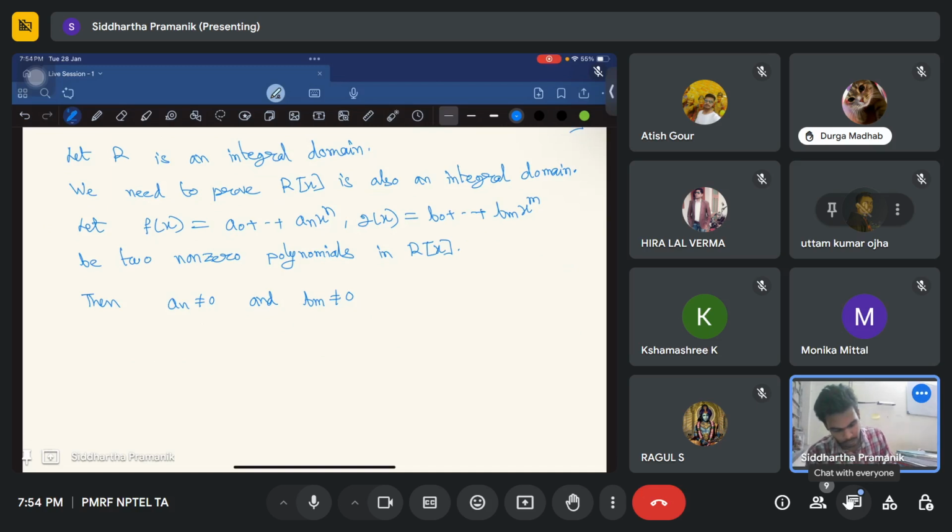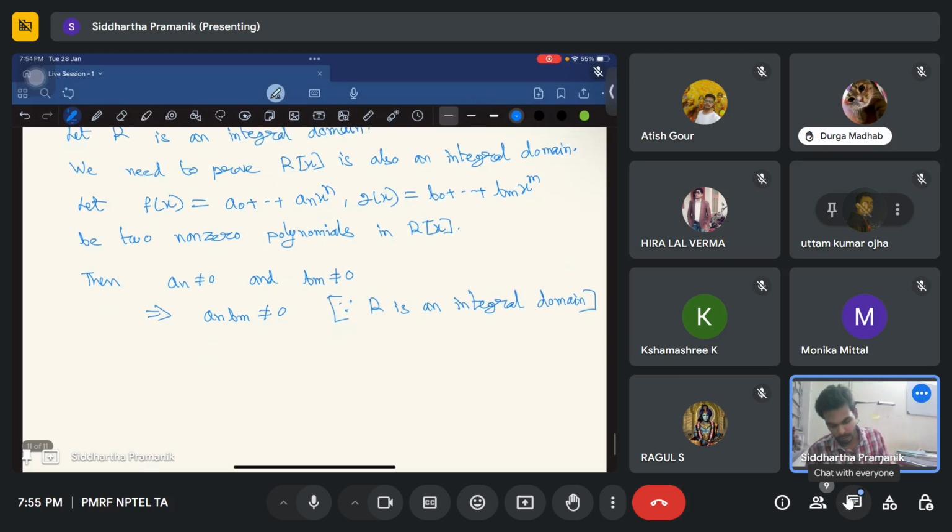Now what is their product? From this we can easily say that an times bm is also non-zero, right? Because these two elements are non-zero and R is an integral domain, so their product must be non-zero. Now if you look at the product, what is the structure of this element?